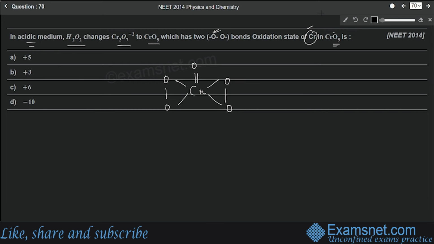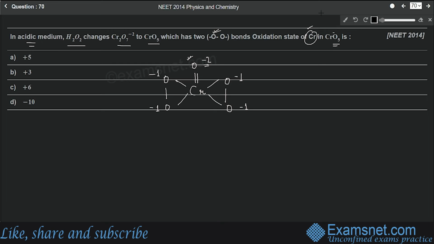We know that usually oxygen has -2 oxidation state. So in this chromium-oxygen double bond, this oxygen will have -2 oxidation state, because this is a general oxygen. But the other four oxygens are forming peroxide bonds, and we know that the oxygens of peroxide bonds have -1 oxidation state. Now we know that the sum of all the oxidation states will be 0.